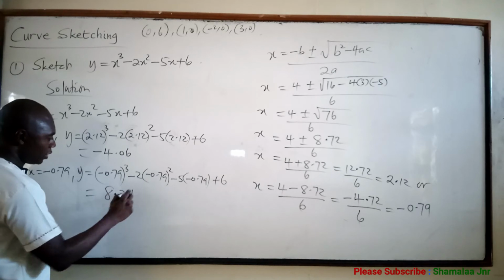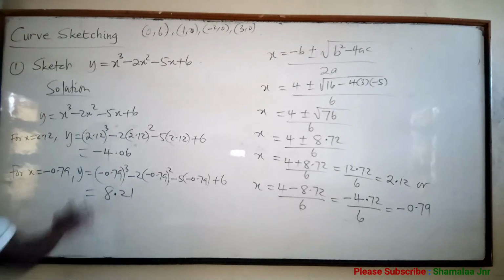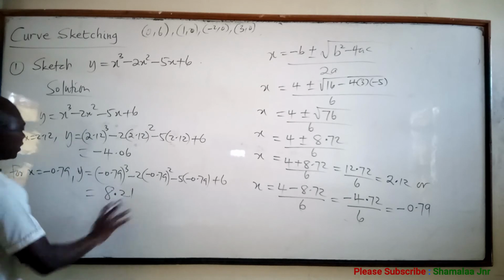If you work on this one, you should get 8.21. Just use your calculator to work. I encourage you to work to 2 decimal places.